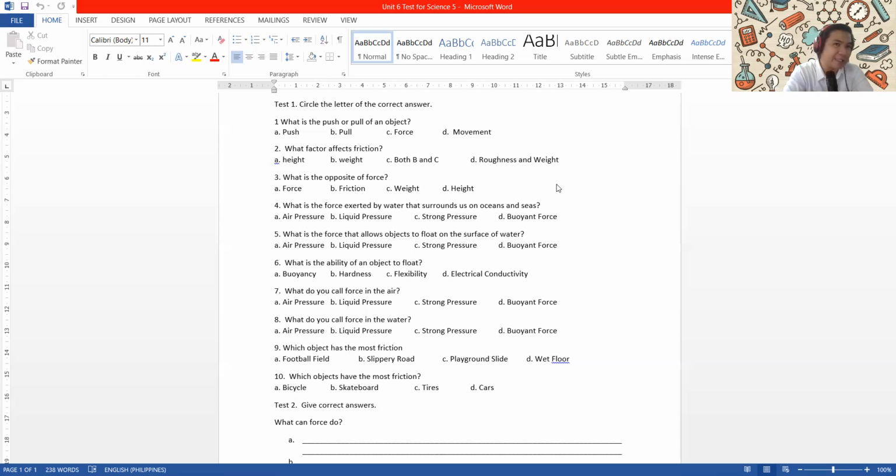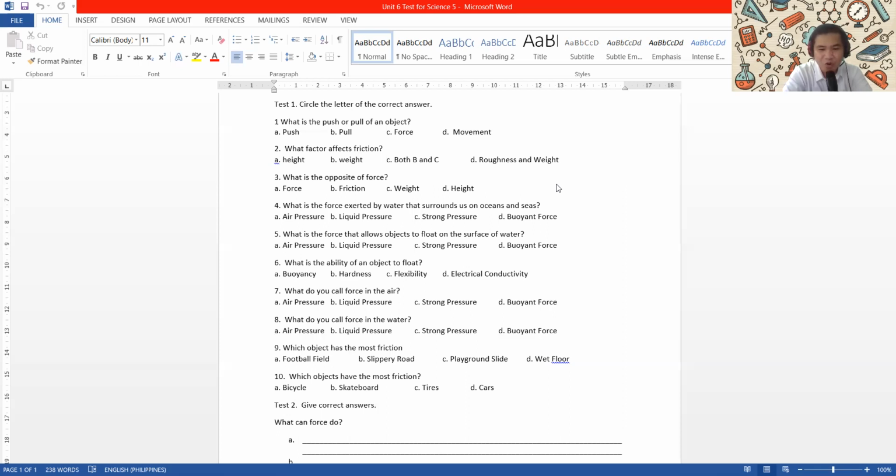In roughness, the rougher the object, the stronger the friction. So which is the roughest of these? Is it the football field, the slippery road, the playground slide, or the wet floor? It is the letter A, football field.